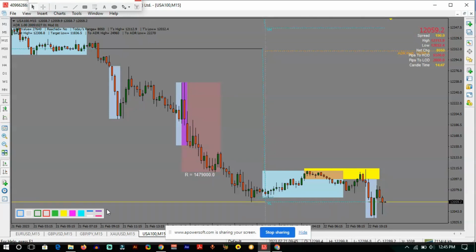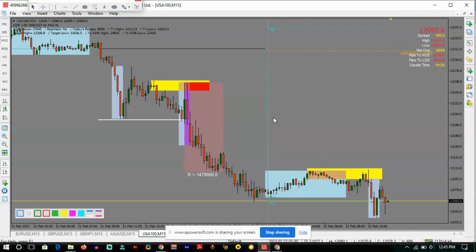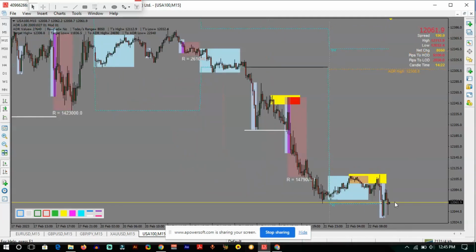Likewise, yesterday the market was breaking below, and then we look out for reversal points. This one here was the perfect one. So we tap there and then we sell.